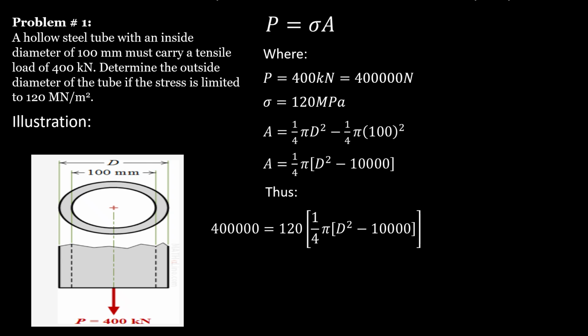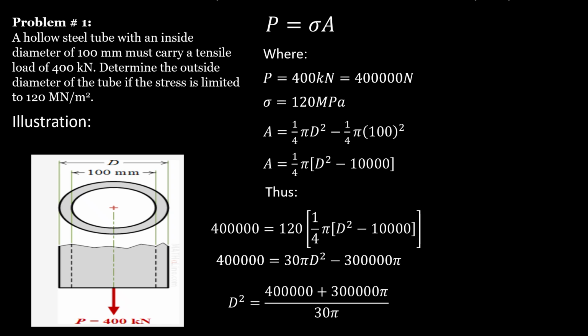Simplifying it again, we arrive at this equation. Coming up next, our calculation becomes 400,000 equals 30 pi d square minus 300,000 pi. So let's simplify it again.